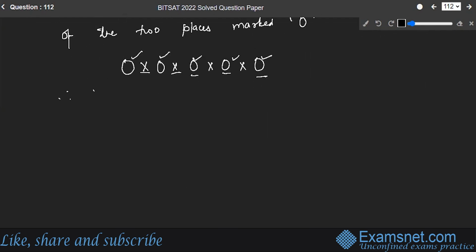Thus, V and N can be arranged in 5P2 ways.